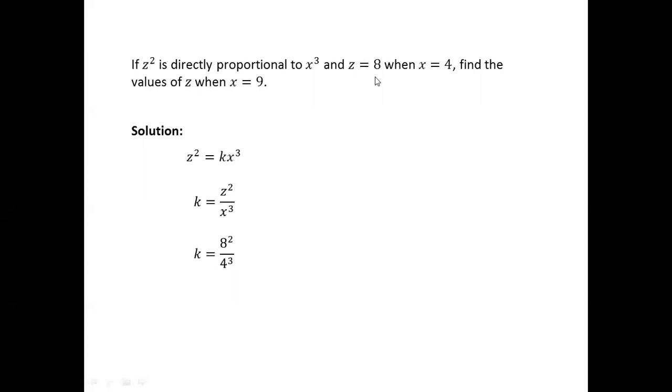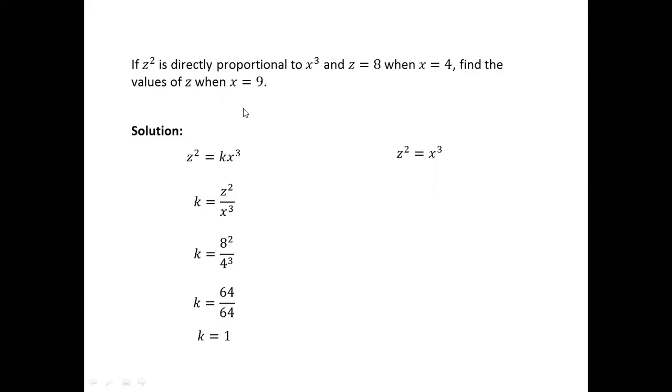Let's substitute 8 for z and 4 for x, giving us 8 squared over 4 cubed. 8 squared is equal to 64, while 4 cubed is 4 times 4, which is 16. 16 times 4 is also 64, giving us a final k value of 1. We then substitute this k value of 1 to the general equation that we started with, giving us z squared is equal to x cubed.